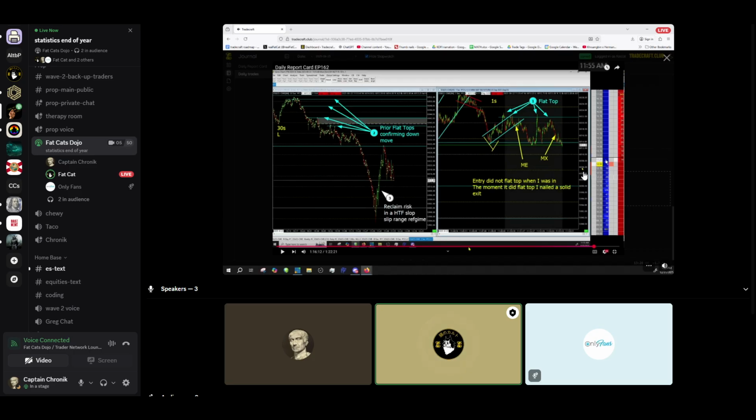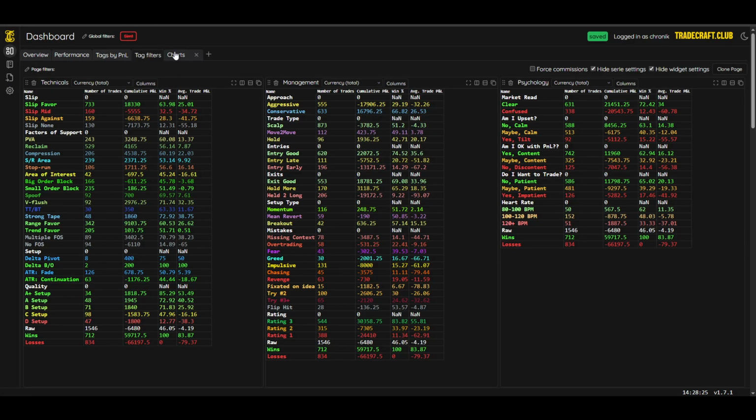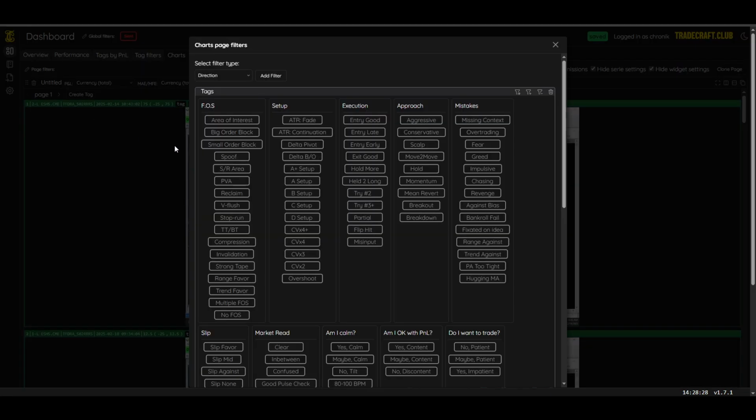This is definitely an older trade. Reclaim risk in a higher time frame slip range regime. I just kind of sat through a bunch of bullshit.